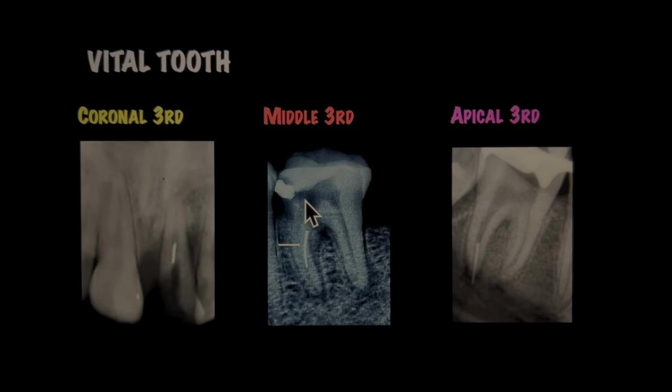In case of future symptoms, consider root surgery. Now, in case of an apical third fracture, like in this radiograph, where you see an instrument fracture in the apical third, in a vital tooth the treatment is the same as for the middle third: try to bypass.